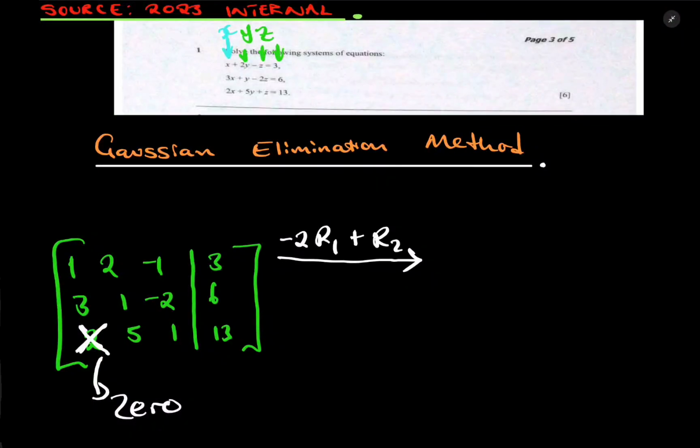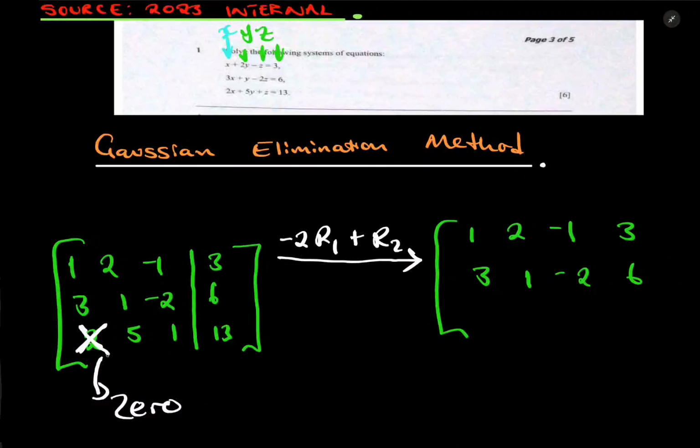This way, we are going to be able to eliminate the 2 there and get a 0. So the first row will appear as it is. Nothing will change. The second row is not involved in our operation at this point in time, so we just need to copy it as it is.